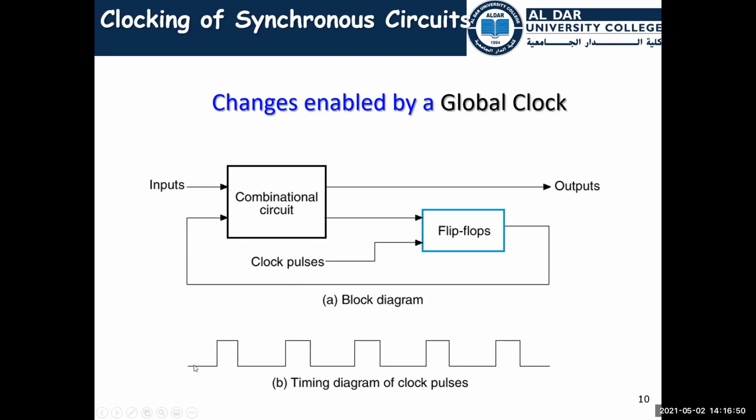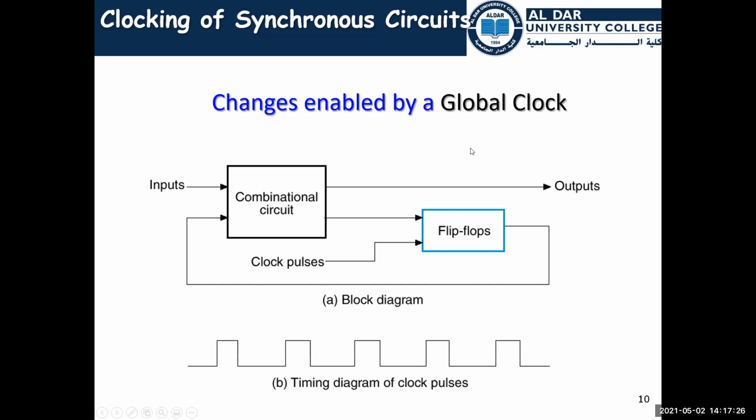The positive means that we raise from 0 to 1, and this pulse is going to activate the circuit and change the state of the circuit. And we wait till the next edge, which is this one, and this one, and this one, and so on. So the changes are occurring exactly at the edges that will hold the changes.